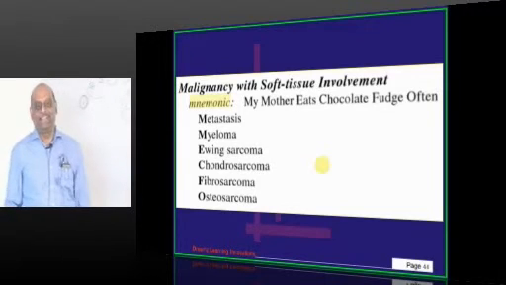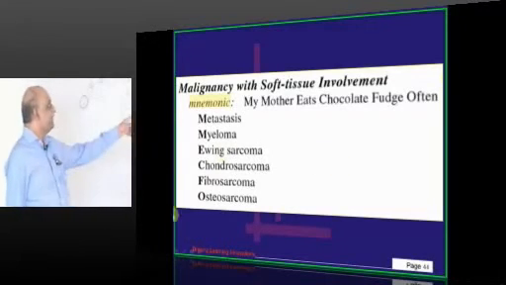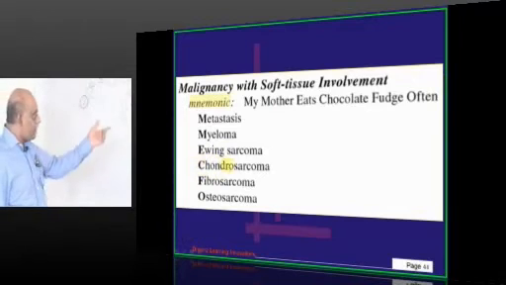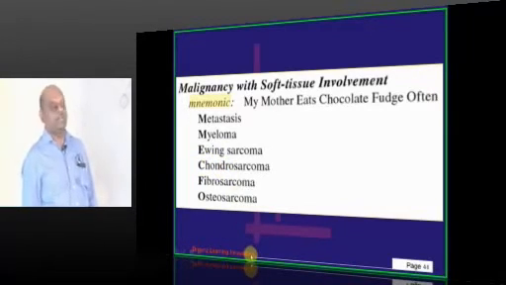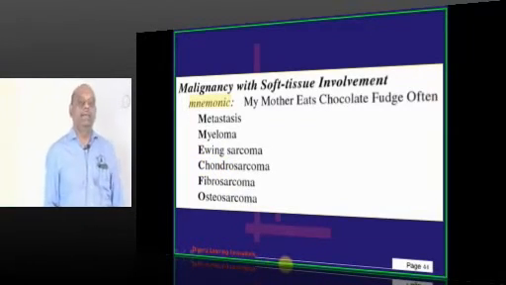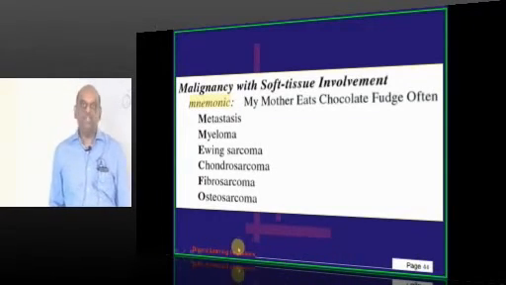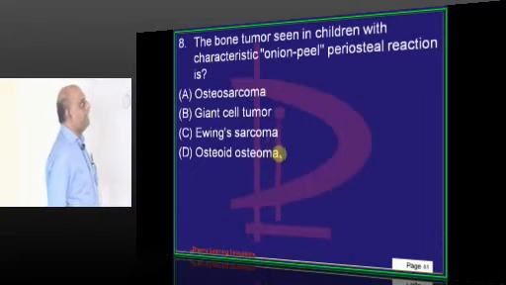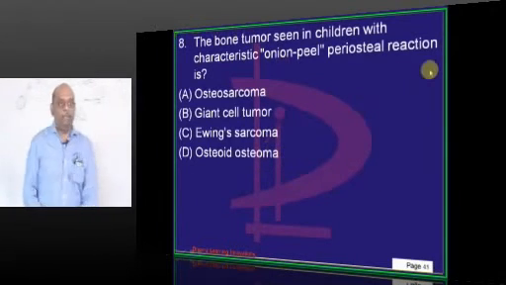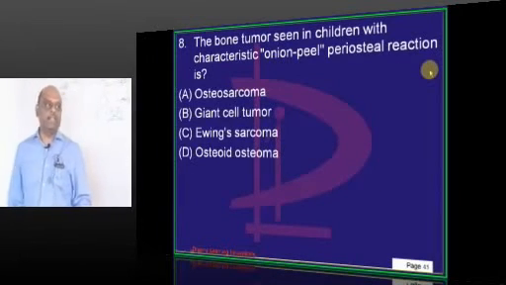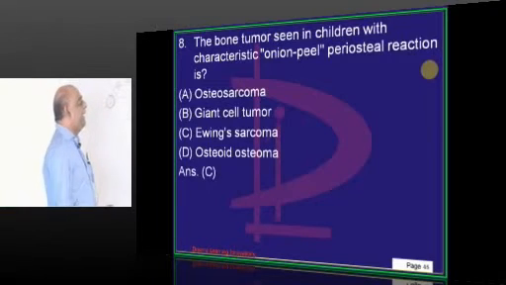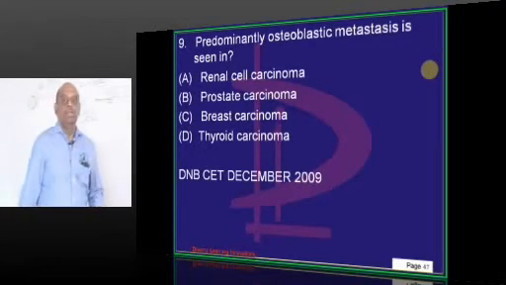That is called medicine. So metastasis, myeloma, Ewing's sarcoma, chondrosarcoma, fibrosarcoma, osteosarcoma, they all will have some soft tissue invasion is what you have to remember. So where do you see onion peel periosteal reaction, doctor? Sing along the answer. Typically in case of Ewing's sarcoma.